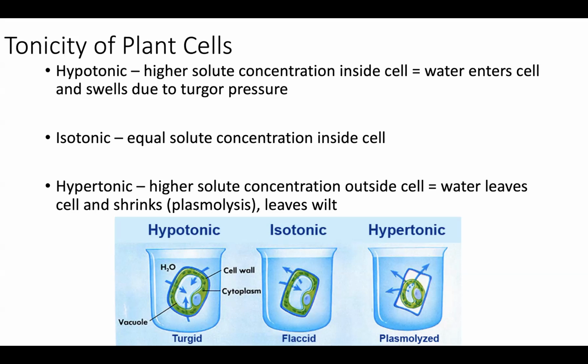Now that we're talking about these types of tonicity, this ties into why you should never drink seawater if you're stranded at sea. If you drink salt water, once it goes into your stomach and is transported across your stomach membranes into your bloodstream, you will have a hypertonic solution of blood.